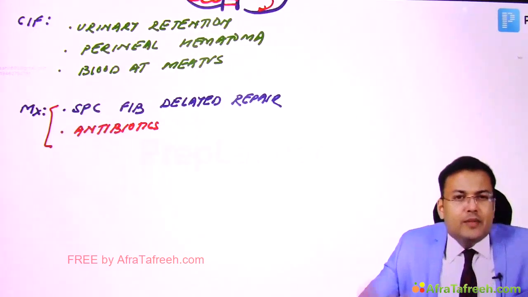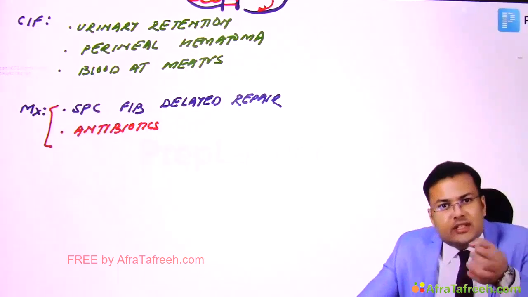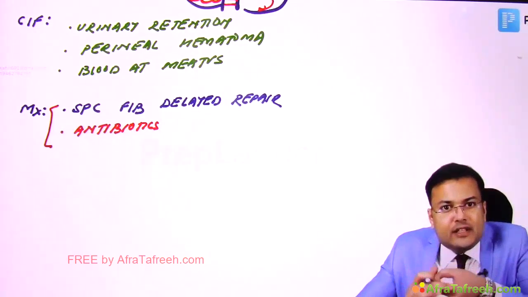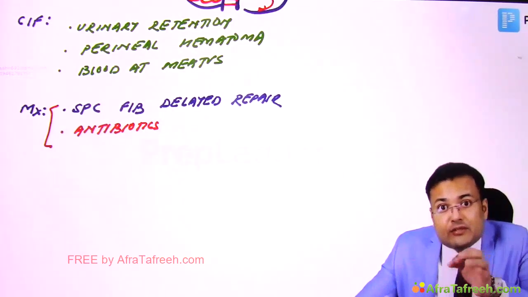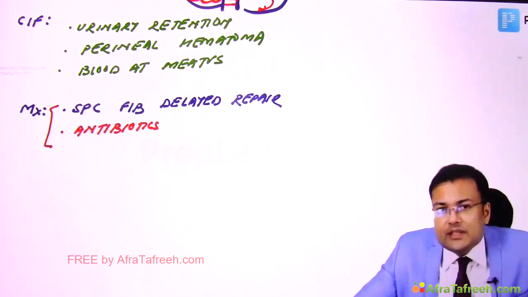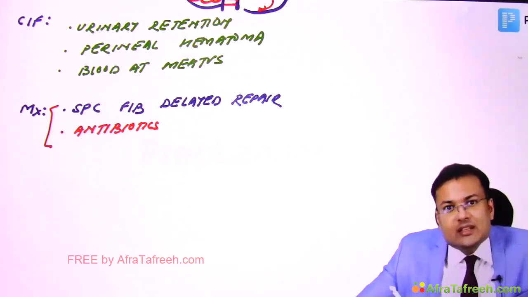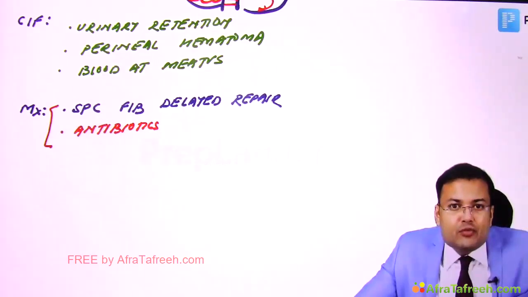Now see, when patient is coming again to us, since there is injury, at the site of injury there is fibrosis, there is healing. So after fibrosis there is formation of stricture. So majority of patients are going to develop stricture. So the question is asked indirectly: what is the most common cause of urethral stricture? Yes, it's trauma.